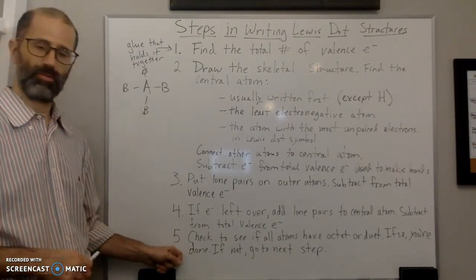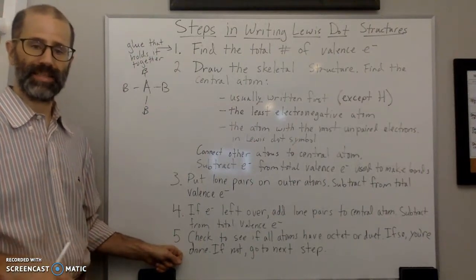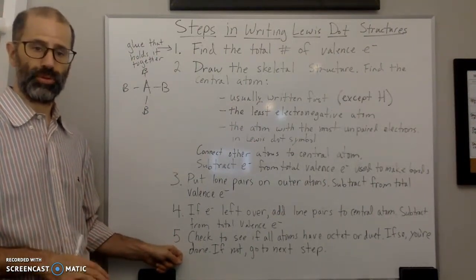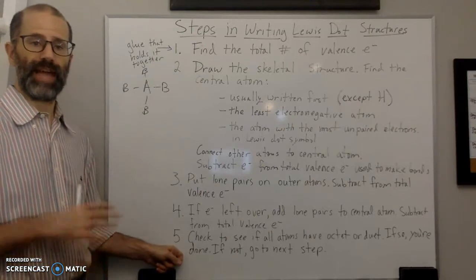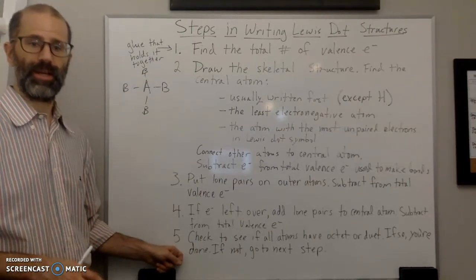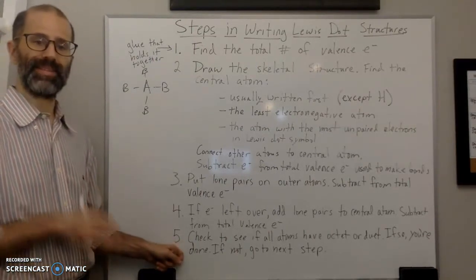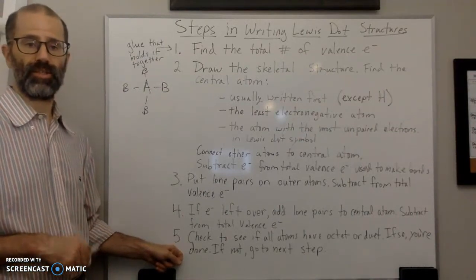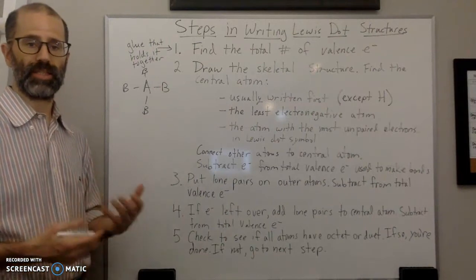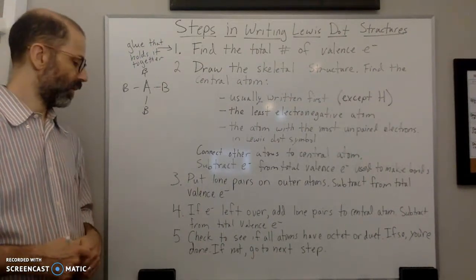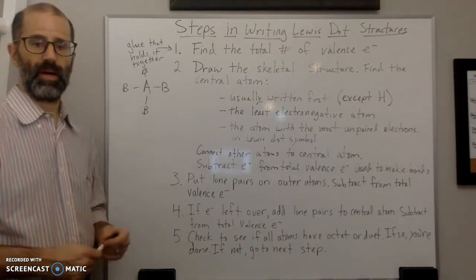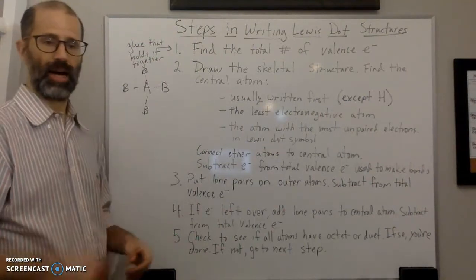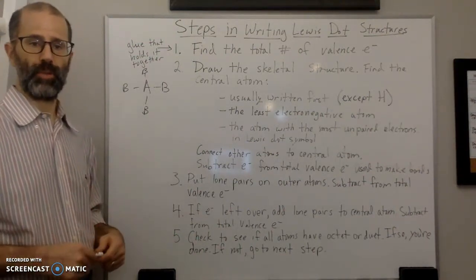So right now we're just making sure everyone has at least 8 or 2. If there's an atom in your Lewis dot structure at this point that does not have 8, then you need to go on to the next steps, unless it's an exception to the rule. Again, we'll get to that later. So in the next step, which I will get to in a moment.